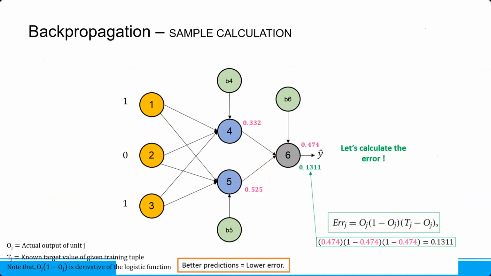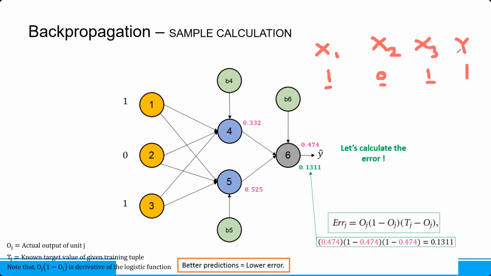If we have x1, x2, x3, and then the actual y, let's suppose x1 is 1, x2 is 0, and x3 is 1, the actual is 1.